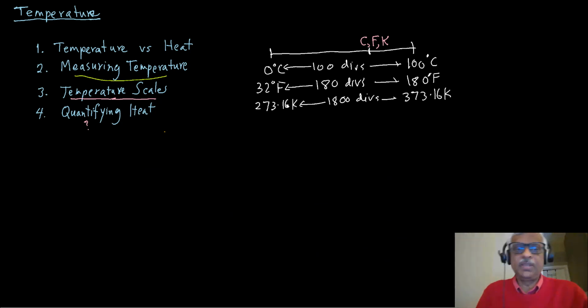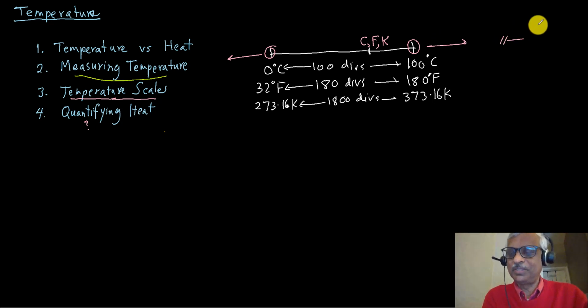Okay, so in terms of the relationship between scales, there are two standard places often used, between 0 and 100. This is a temperature range that we normally encounter in everyday life, and of course there are temperatures which go in that direction and temperatures that go in that direction.